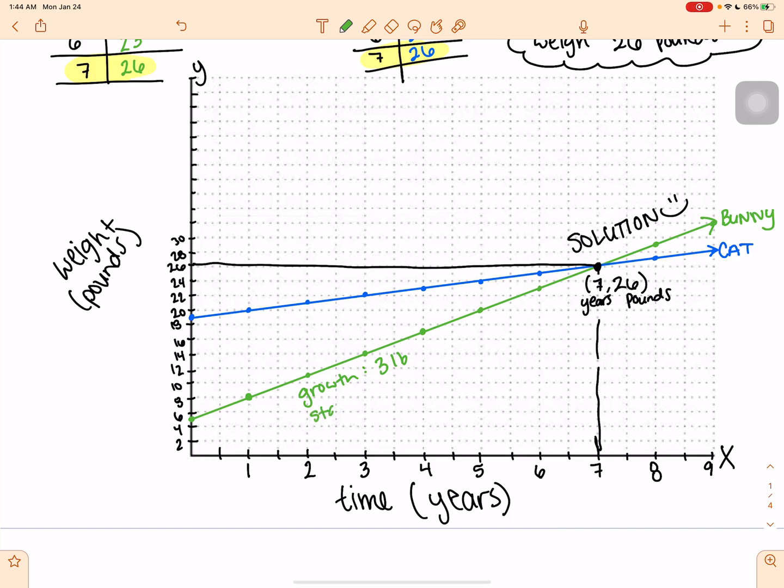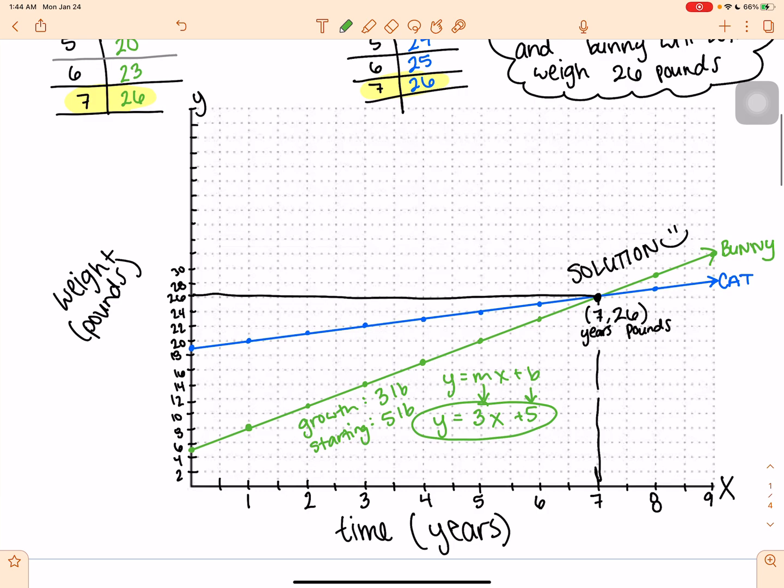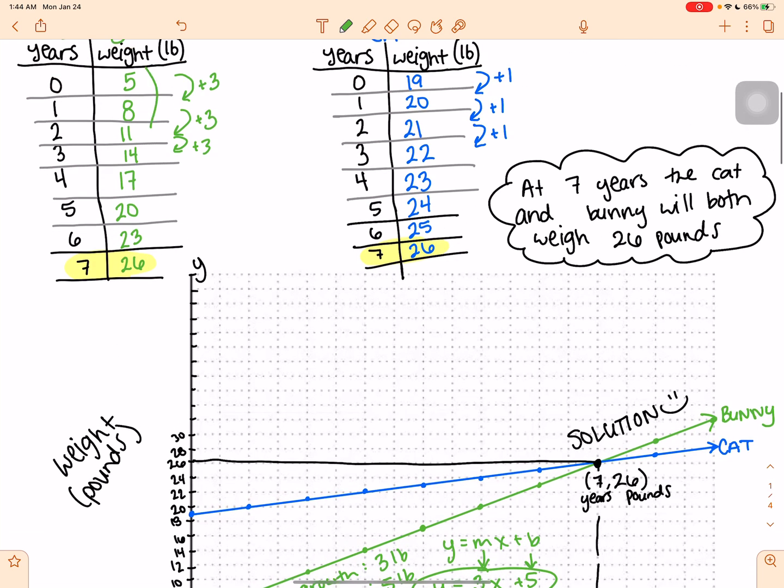Its starting point was 5 pounds. So with y equals mx plus b, its growth was 3 pounds and its starting point was 5. That would be the equation of that green line. And that would also represent our table too. If you were to plug in different values for x, you would get these values here that we got for y.